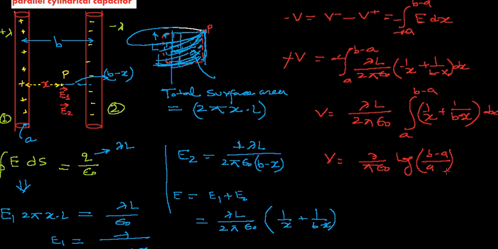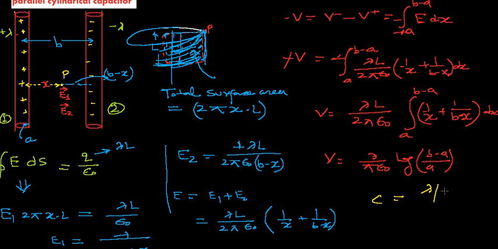Now what is C? Here C will be infinite. There is no concept of total C here because we are assuming this cylinder is infinitely long. Then here we have the concept of capacitance per unit length. So the capacitance per unit length will be the charge per unit length divided by V. When we write C here, it means the capacitance per unit length.